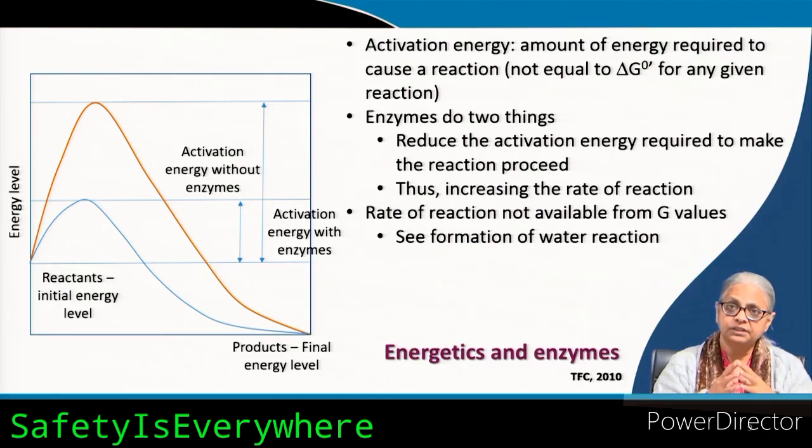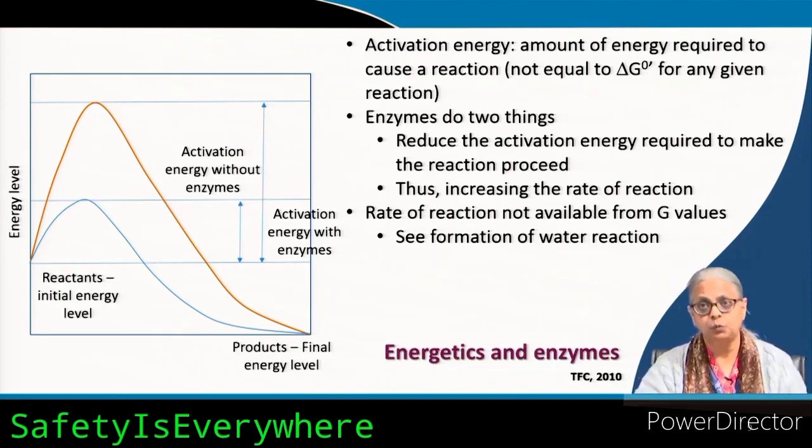So delta G0 is one part of the story and the activation energy is a whole different part of what is required to make the reaction happen. So this is the additional energy required to push this reaction to make it happen. It doesn't happen spontaneously. It's not a spontaneous reaction.